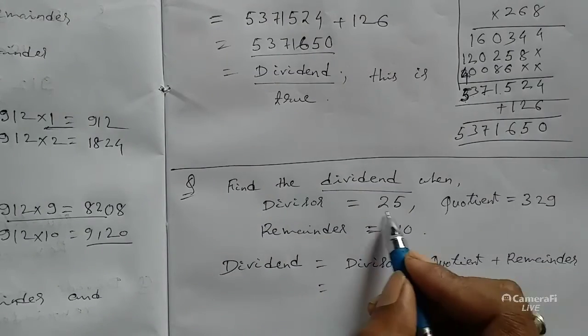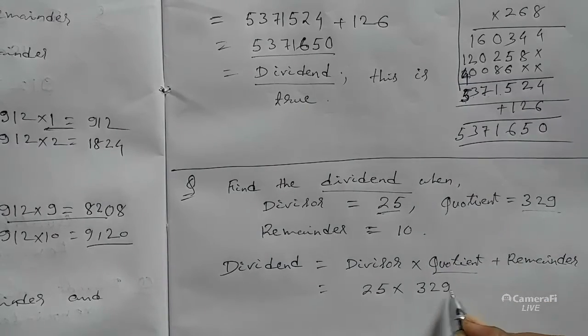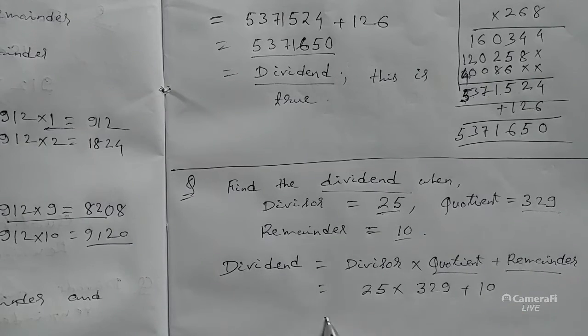What is the divisor? 25, quotient 329, and remainder 10. First we will multiply this 25 and 329.